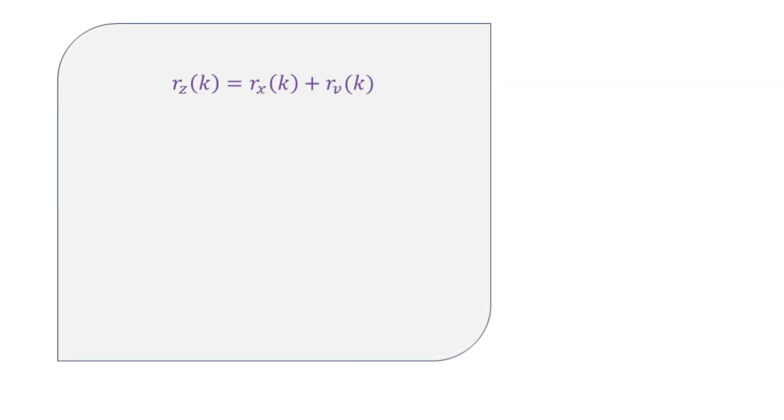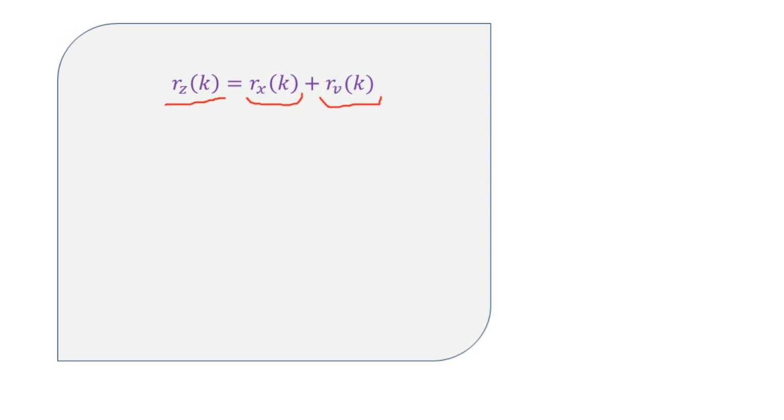So for the intended random process, that is z of n here, we write its autocorrelation sequence by r suffix z as a function of k. So it is nothing but the sum of the individual autocorrelation sequences of the random processes. So we have Rx of k, the autocorrelation sequence of the random process x of n, added to Rv of k, the autocorrelation sequence of the random process v of n.